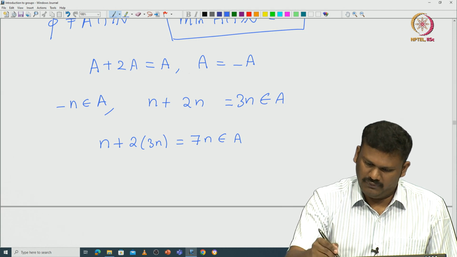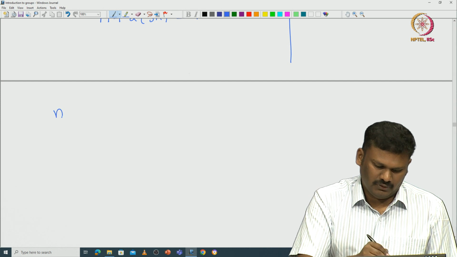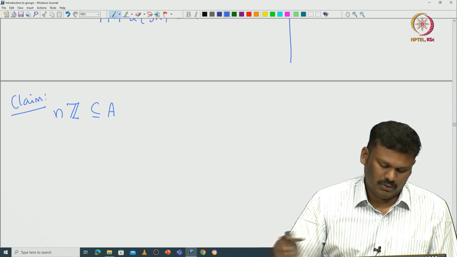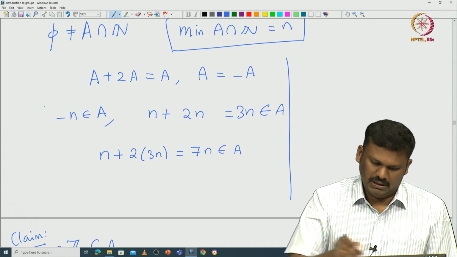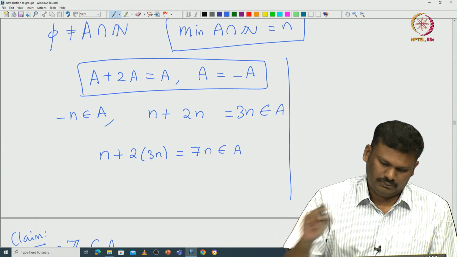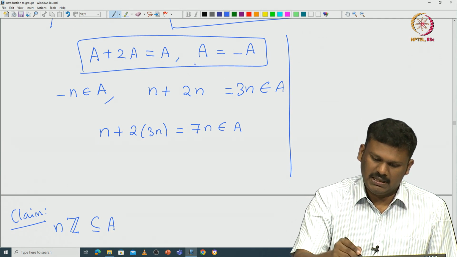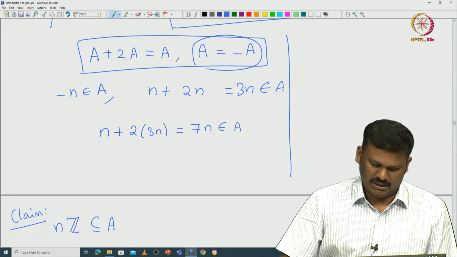So now what we claim, first of all, is that nZ is a subset of A. So this is our first claim. Okay. So this we want to prove using these things. Since A is equal to minus A, it is enough to prove that only the positive multiples are there.